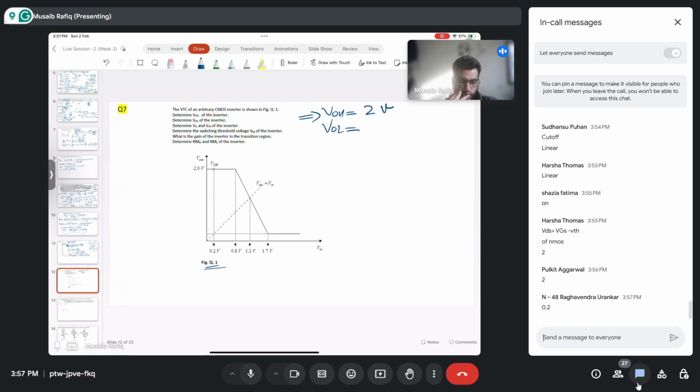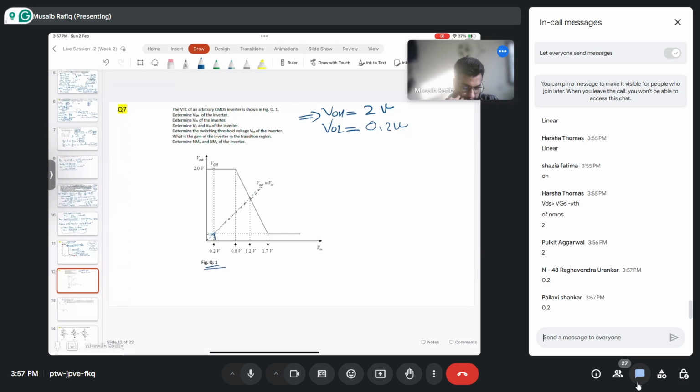Nothing to do with the electronics part, just a simple geometry part. VOL is equal to 0.2 volts. Here is a line that is going as Vout equal to Vin, and this intersection point will give me the VOL. Got it?